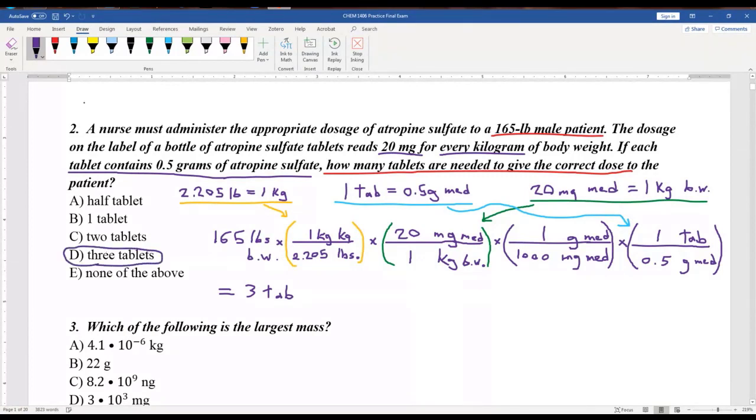Now, just in case anybody was having trouble getting that, when you're doing these conversion factors, I've seen people try to do these calculations in a lot of different ways. But the easiest way to do that for these types of problems is literally to just multiply everything on top and divide by everything on bottom. And of course, you can ignore the ones. So if I'm typing this into my calculator, I would literally just put 165 times 20 divided by 2.205 divided by 1,000 divided by 0.5.